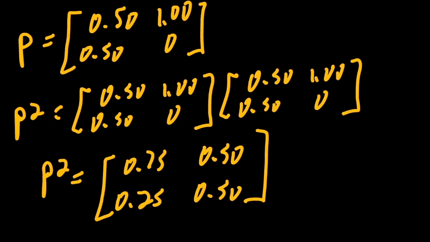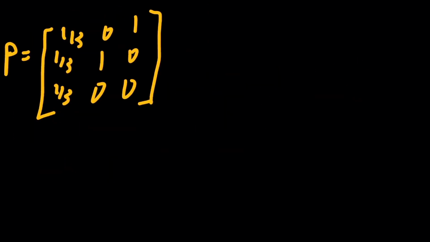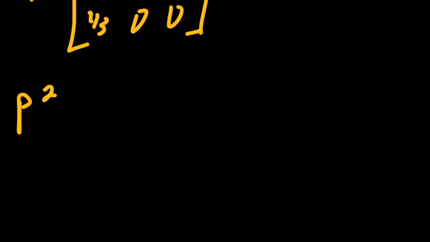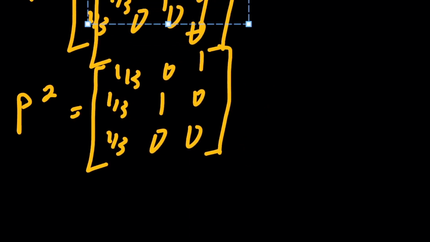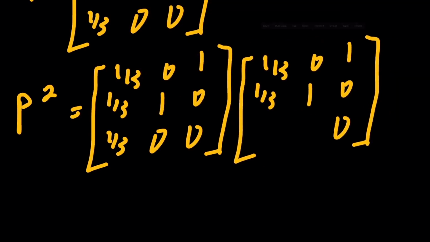Now, what happens when a matrix isn't regular? Okay, so say we're given this matrix. What happens when we bring P to the second power? What does that look like? It simply means that we're going to multiply the same matrix by itself. Here is what makes a matrix not regular.